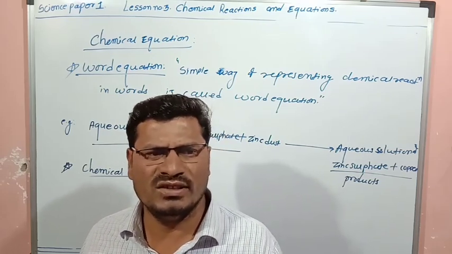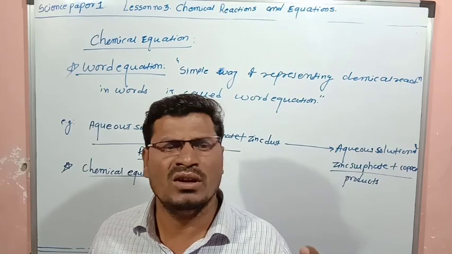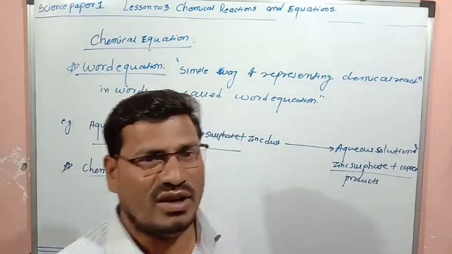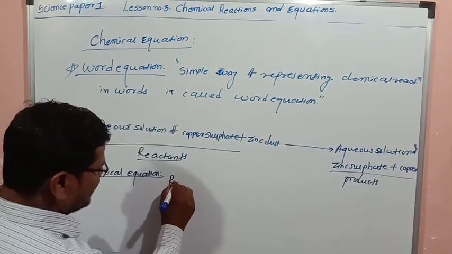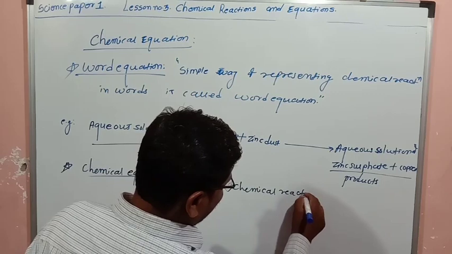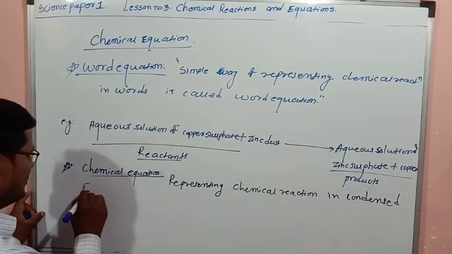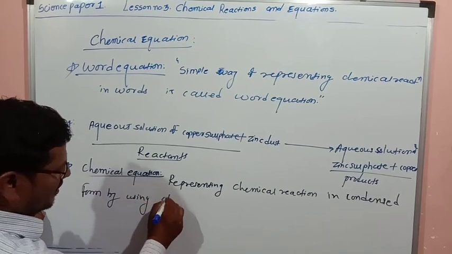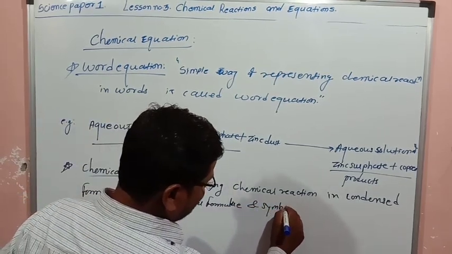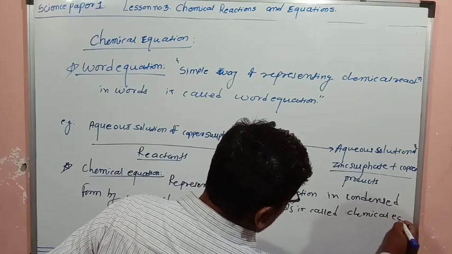Representation of a chemical reaction in a reduced form or condensed form by using chemical formulae and symbols is called a chemical equation.